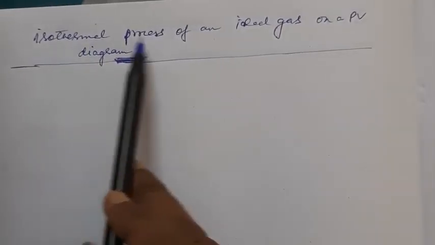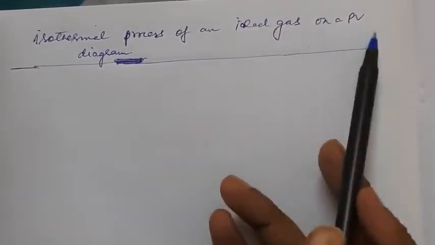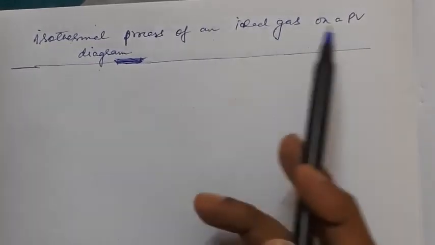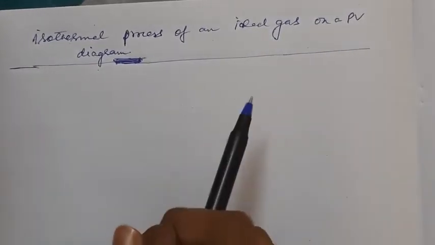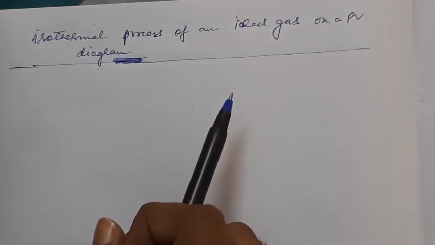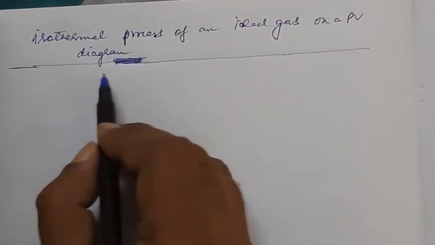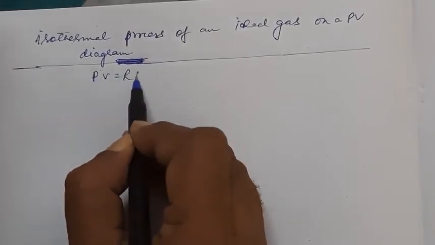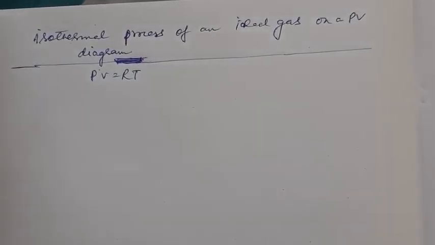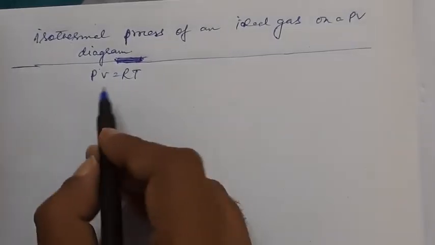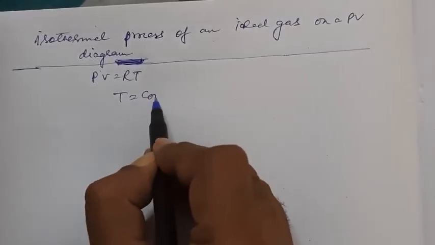Now, isothermal process of an ideal gas on a PV diagram. I discussed this type of diagram, P versus V diagram, for such processes. For a PV diagram, first we have to understand that PV is equal to nRT. You all know this relation, the universal gas law. Now, for the isothermal case, T is equal to constant.